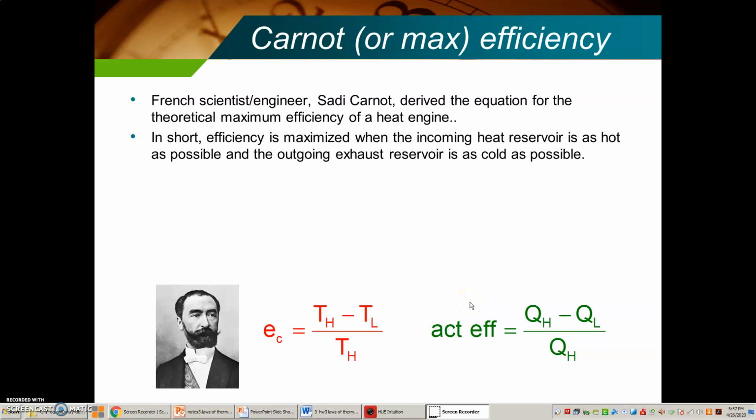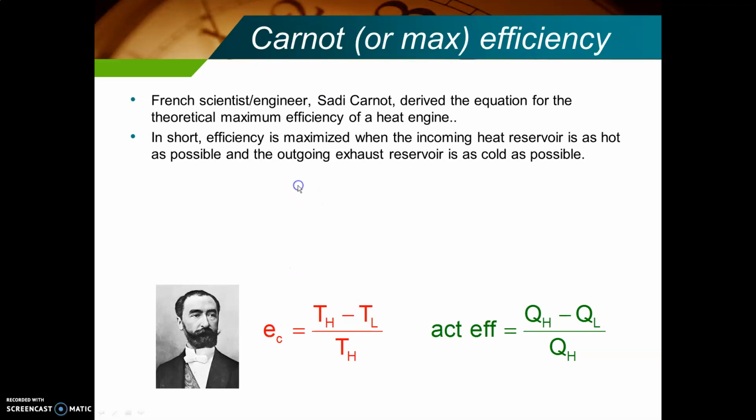So we were talking about how to predict the maximum theoretical efficiency of an engine. And Mr. Carnot said that you can determine the theoretical efficiency of an engine by focusing on the temperature in the high region, the gasoline region, and the temperature in the lower, the exhaust region, and making this temperature difference as big as possible.